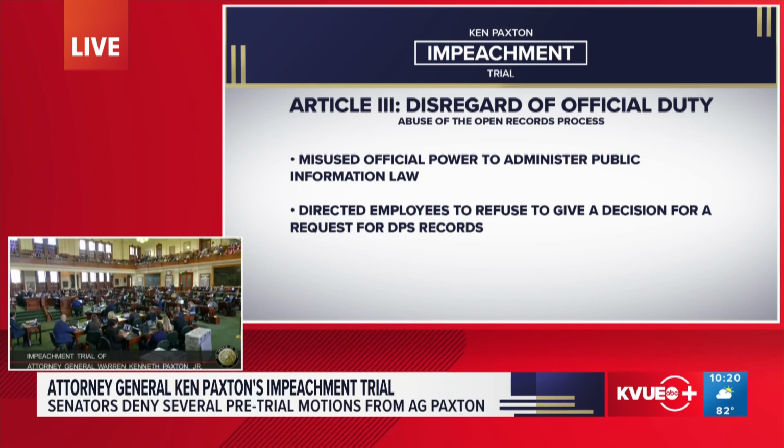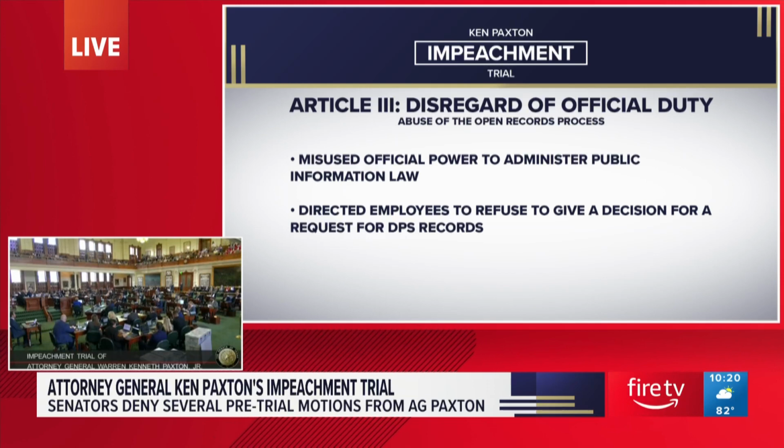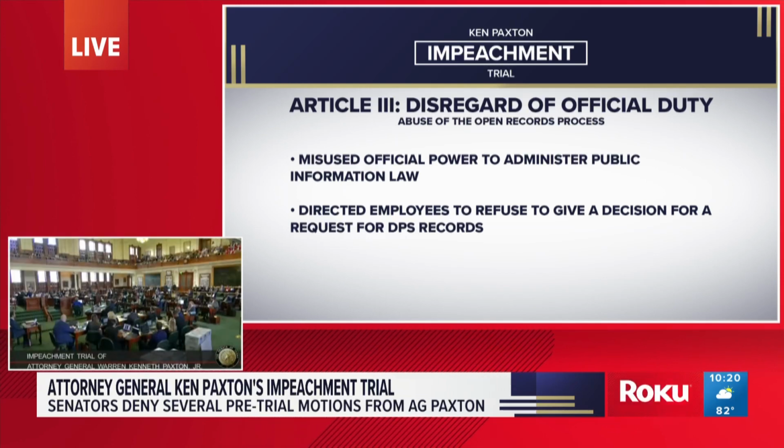And Ashley, this speaks to records that allegedly Nate Paul, who was under investigation himself by the FBI, was trying to get as part of the investigation into him. And so the allegation then is that he solicited Ken Paxton to try to get records so that he could learn what the feds were going after him about.